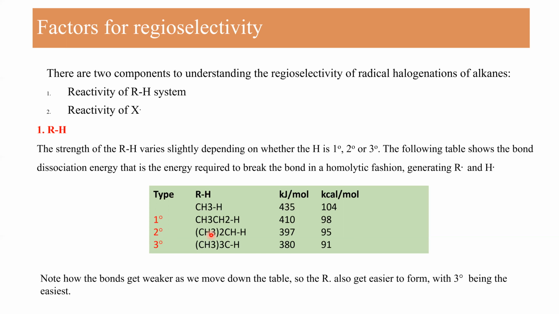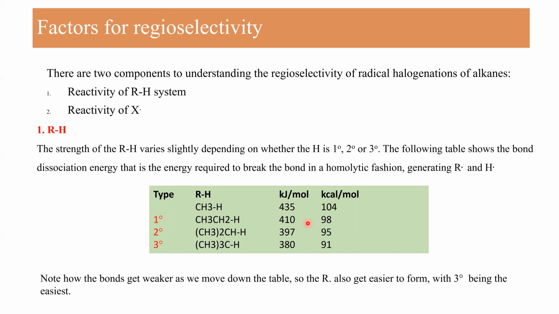And the next case is a secondary one, and here the bond dissociation energy is again dropping, right? For the tertiary one, we have 380. If you look at it in kilocalories per mole, the trend is the same. Only the values and the units are different.